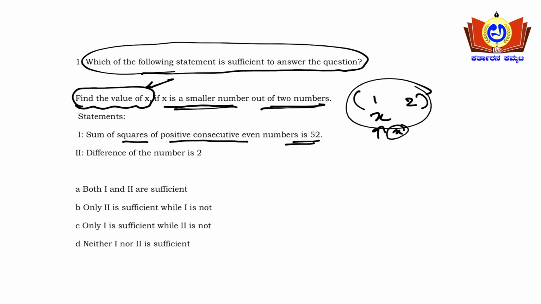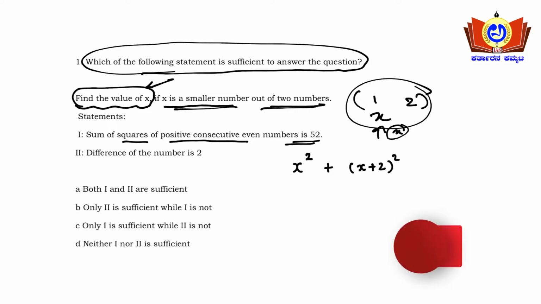So what do you mean by that? If we consider the number as x, then the sum of squares of positive consecutive even numbers is x square plus (x plus 2) whole square, which will be equal to 52.